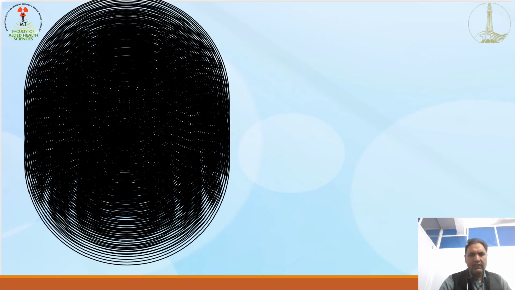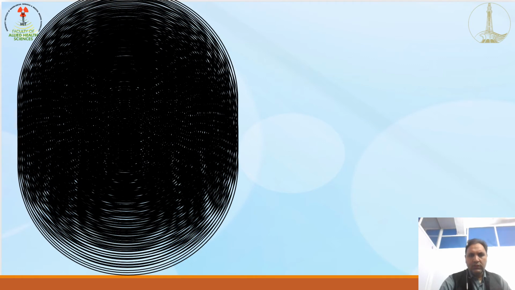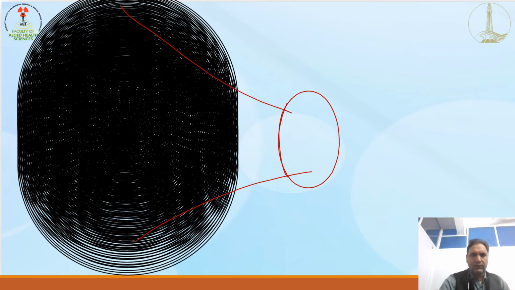So Huygens said that if we know the wavelength and speed of sound of an individual wavelet, then you will be able to predict this wavefront. Here you can see these are also sound waves, but the intensity is lesser than the intensity of the sound waves in the central beam.